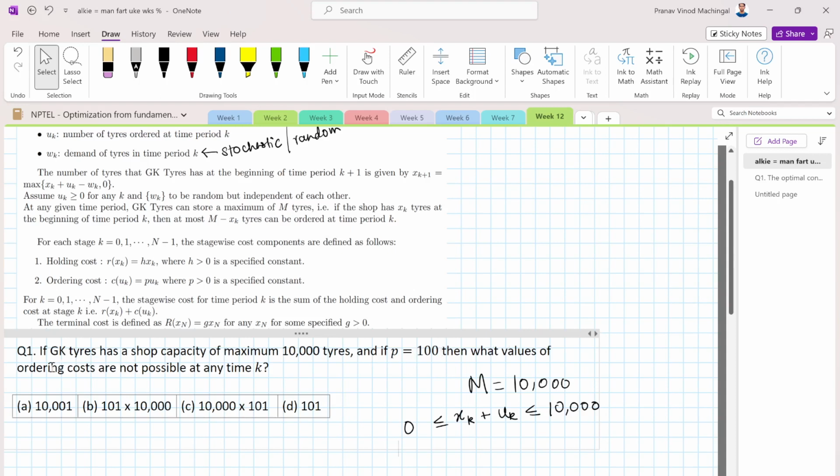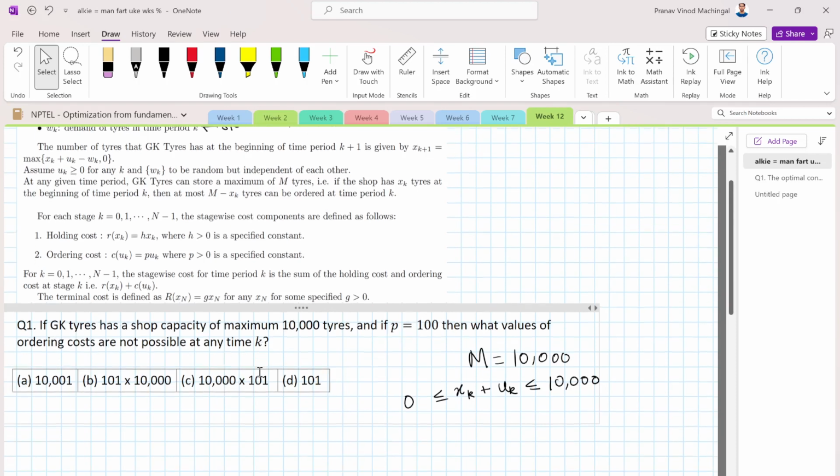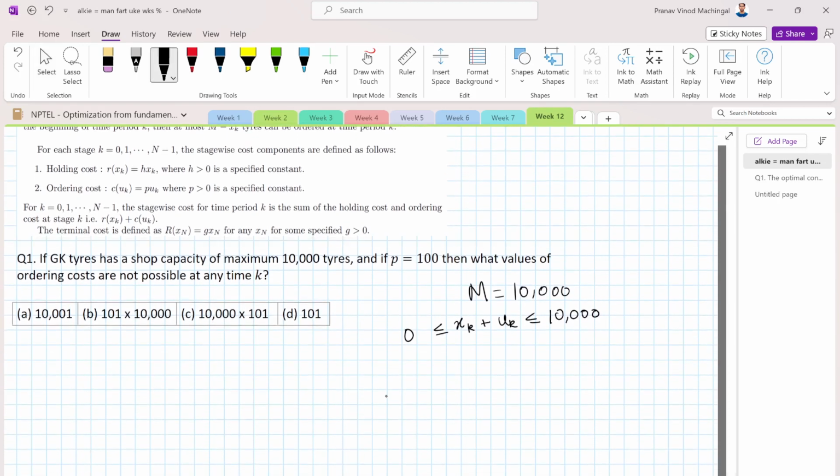So what values of ordering costs are not possible at any time k? So ordering cost c of uk is equal to p times uk, and p is given to be 100, so it is 100 times uk, and your xk will also be greater than or equal to 0 and at most 10,000.